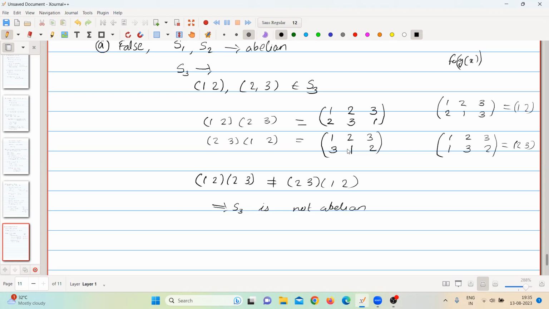So Sn is not abelian for all n greater than or equal to 3.